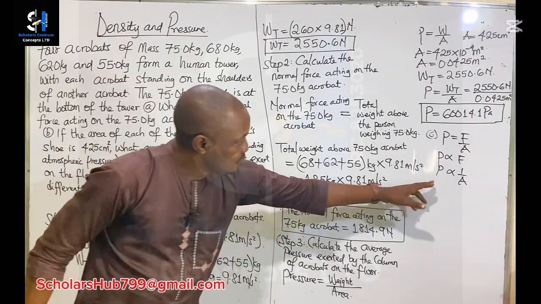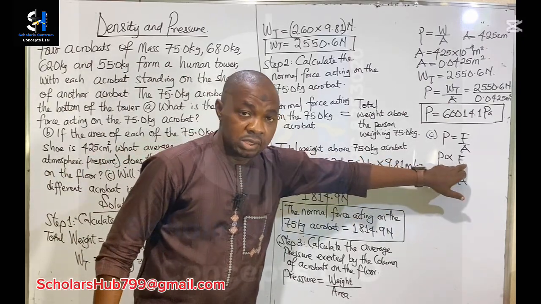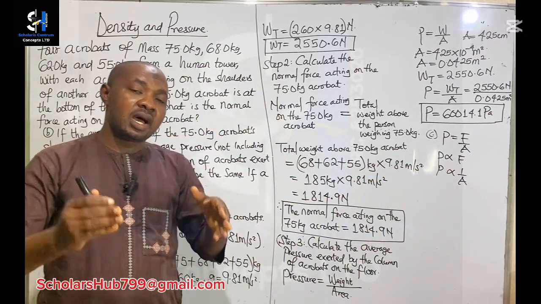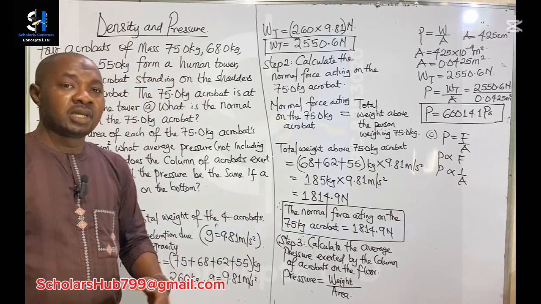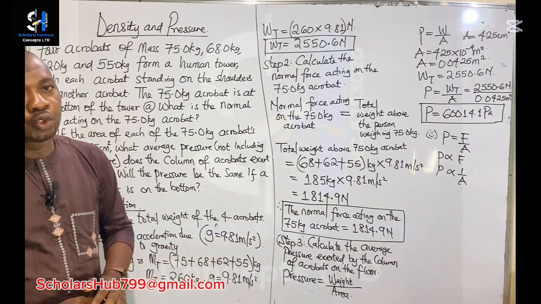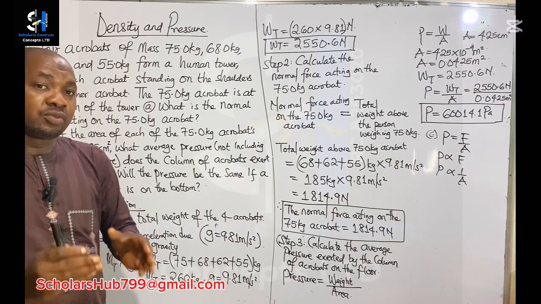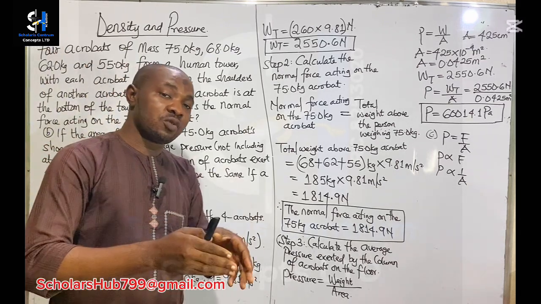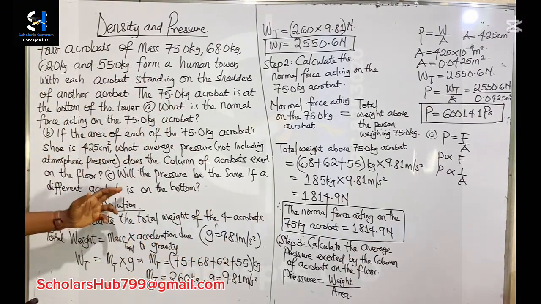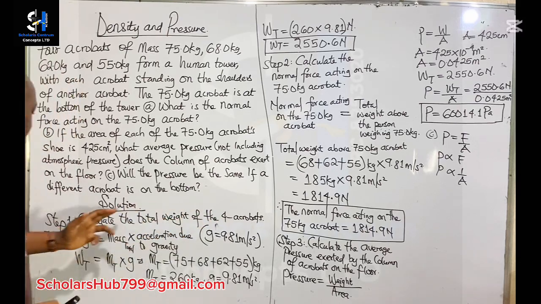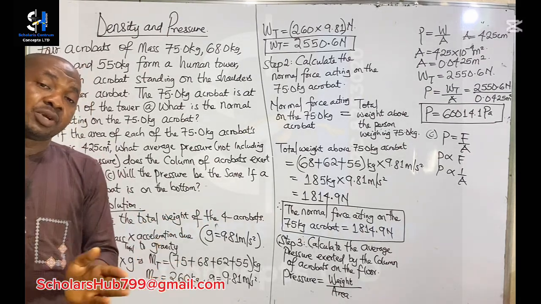So if we have a different acrobat with different shoe area at the bottom, then the pressure will change. The total weight of the acrobats will remain the same regardless of which acrobat is at the bottom. But the question asked is, will the pressure be the same if a different acrobat is at the bottom? The answer is no. The pressure will change.